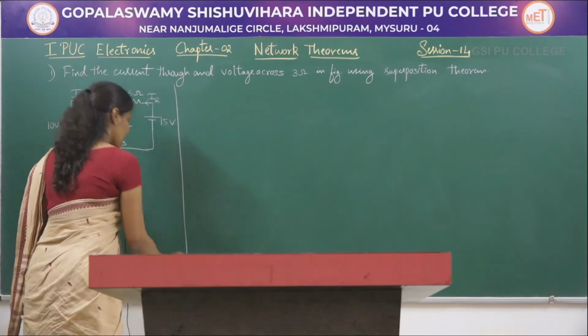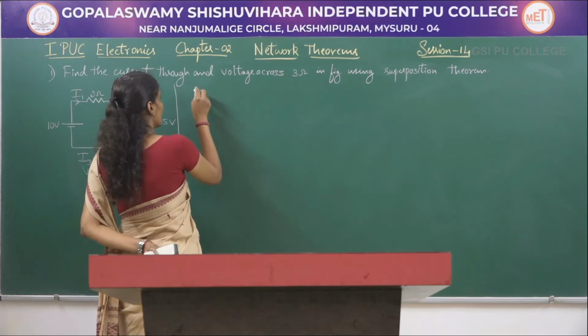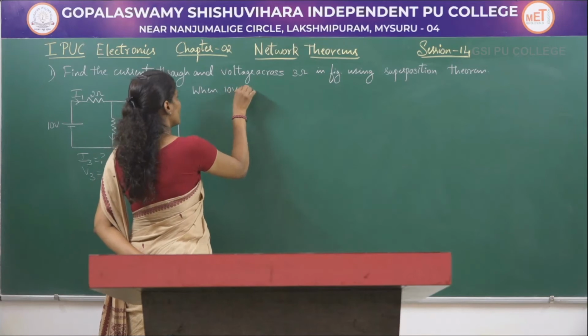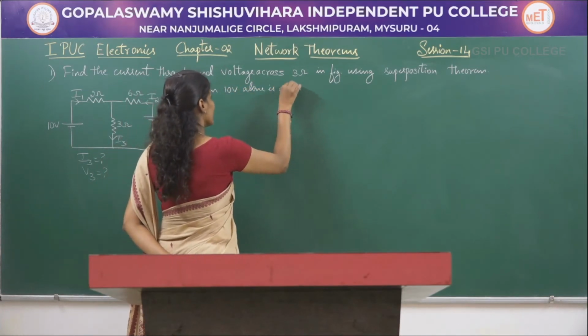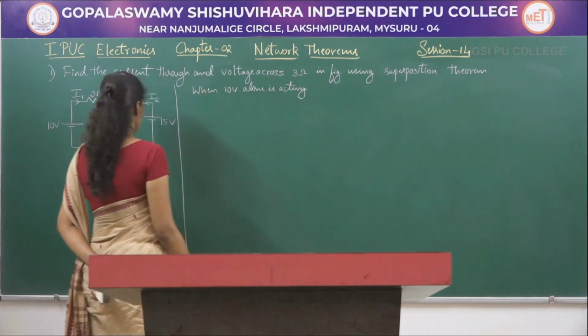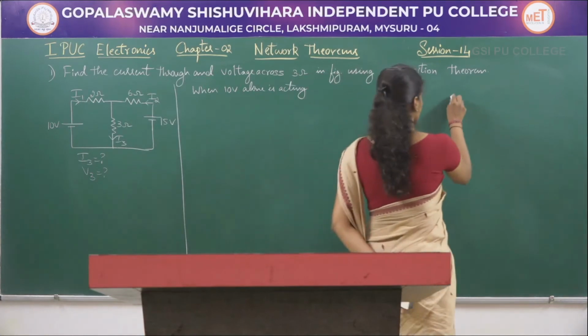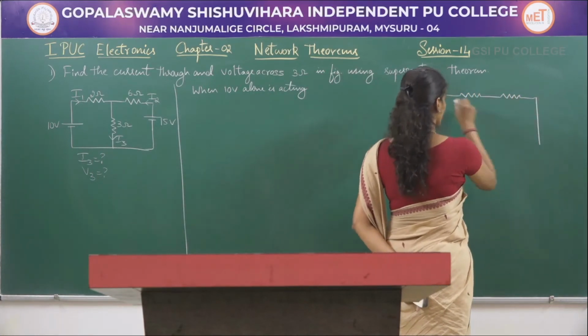So let us consider only 10 volts for the first case. When 10 volts alone is acting, then the circuit diagram will be like this. This will be shorted.